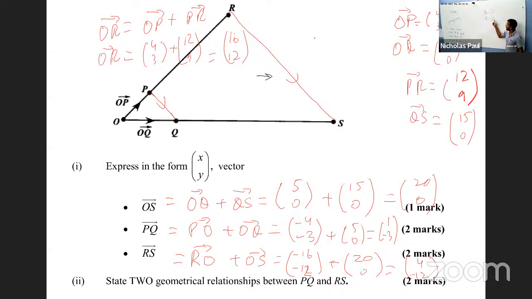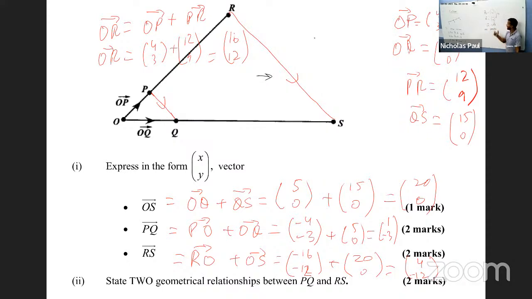But this is a multiple of this, right? If you multiply PQ by 4, you get this. So it means that RS is 4 times PQ. So they are what? Parallel. That's okay? Good.